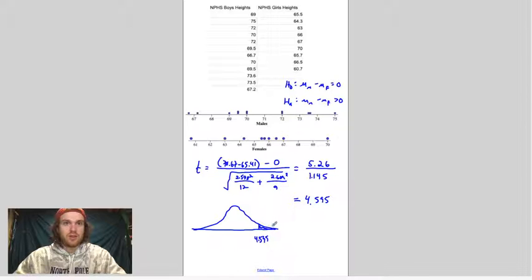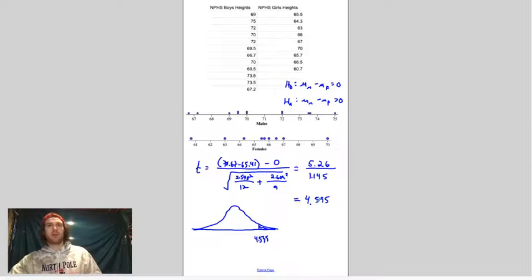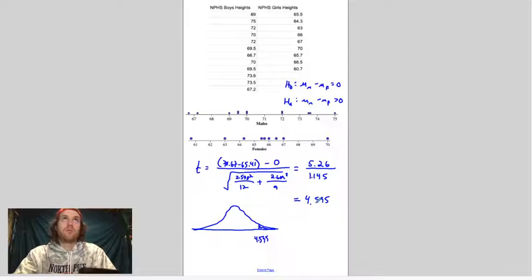Whatever area this is right here, this is a one-sided test. This is how many standard errors our observed results are, and we need to look at the area under the curve to get our official p-value.